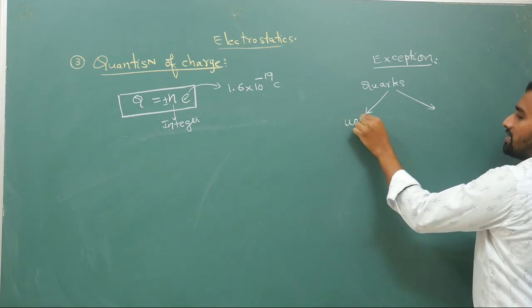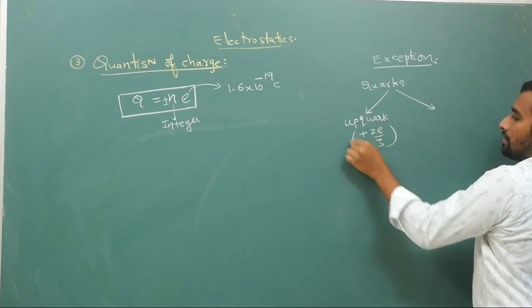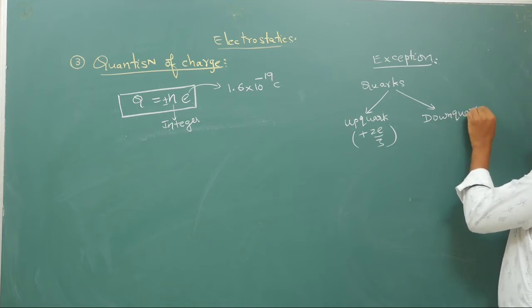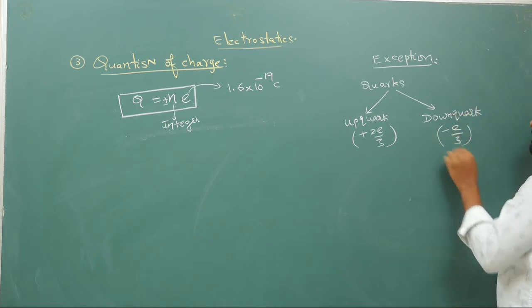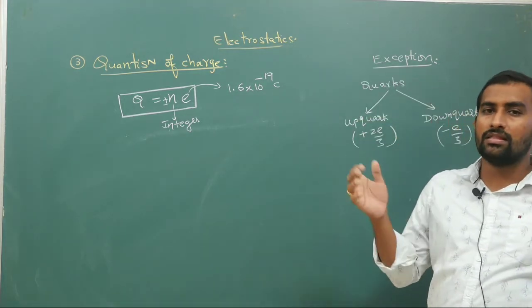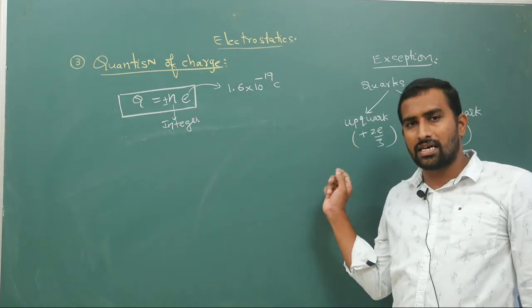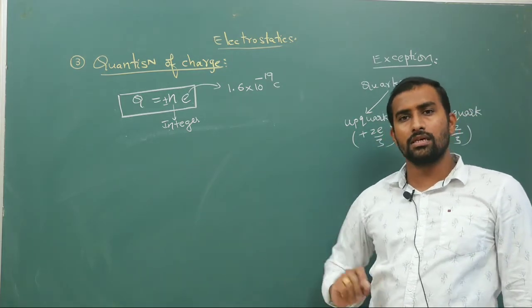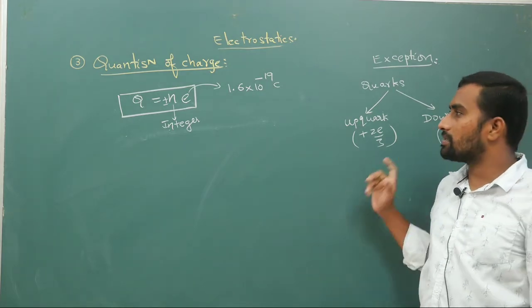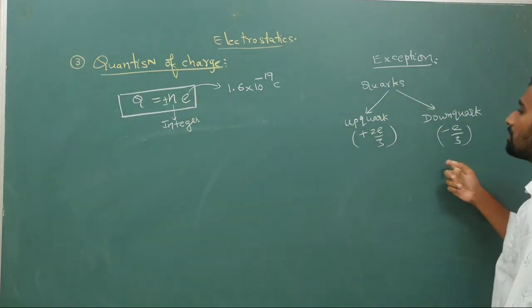For example, an up quark has charge plus 2e/3 and a down quark has charge minus e/3. But in any competitive entrance exam, if they give you fractional charges because of quarks, do not tick that answer. It is not in the JEE syllabus. You have to assume quantization of charge is valid. The exception is there for quarks.